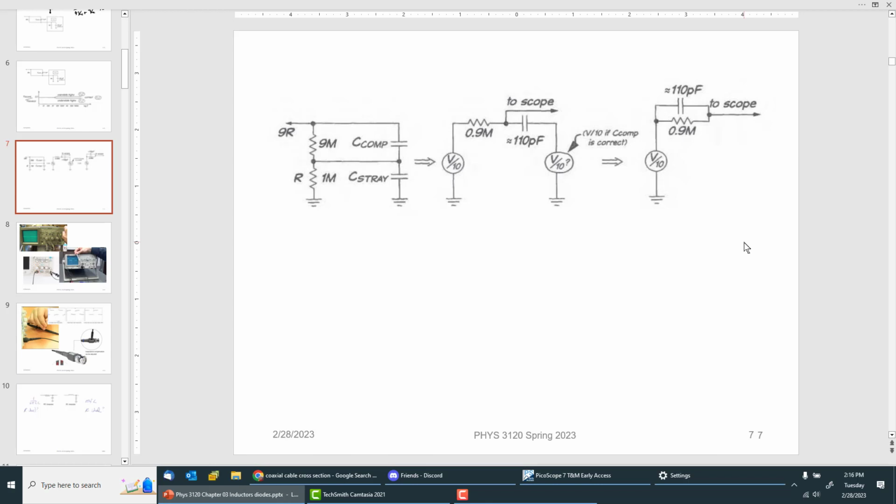So this is, again, a Thevenin decomposition of the proposed scope probe, the compensated probe. And that's what C comp is: compensated.